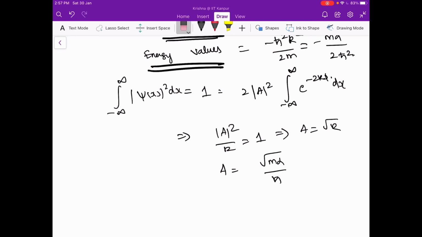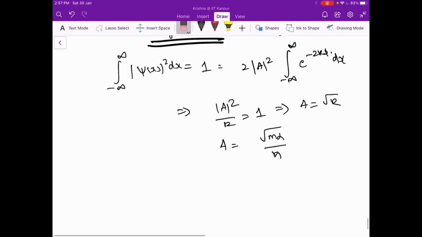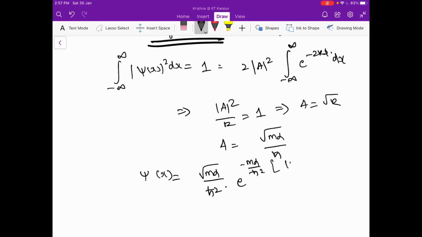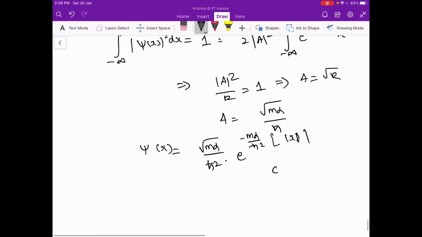I think this is just h cross, right? So the solution psi of x is root m alpha by h cross squared e power minus m alpha by h cross squared mod x, and the energy value is minus m alpha squared by 2 h bar squared, right?